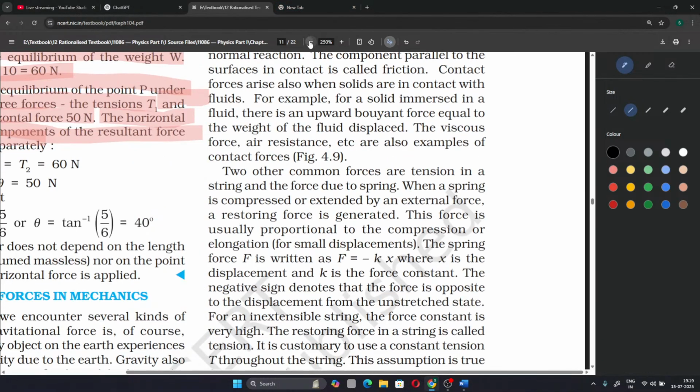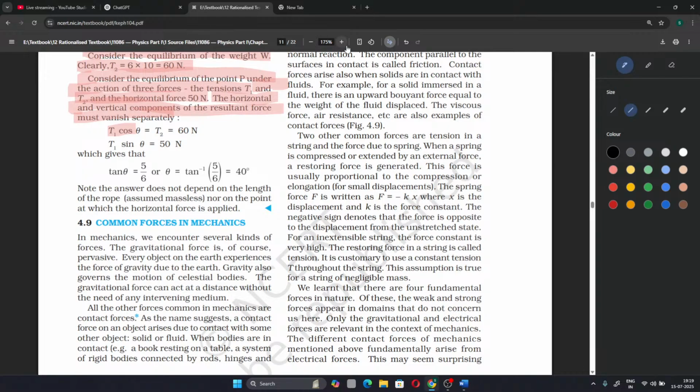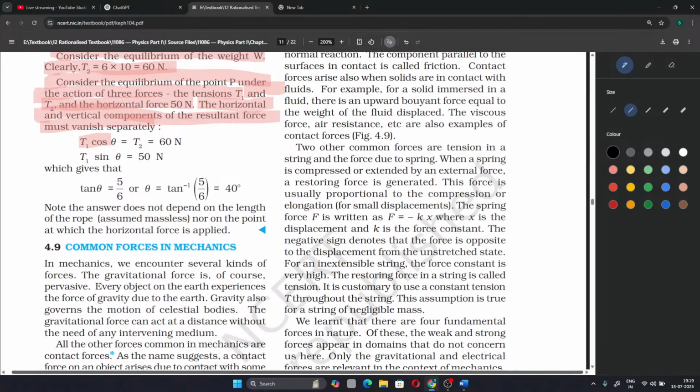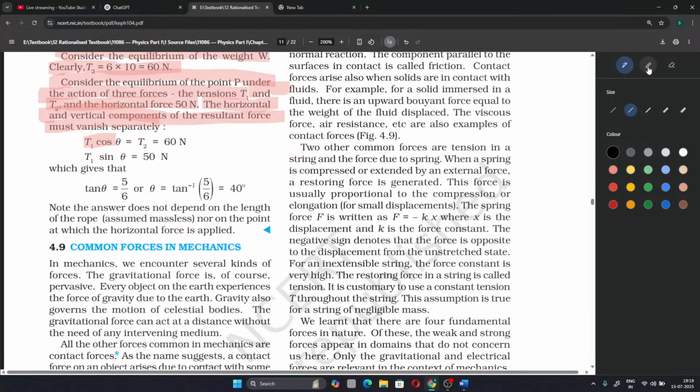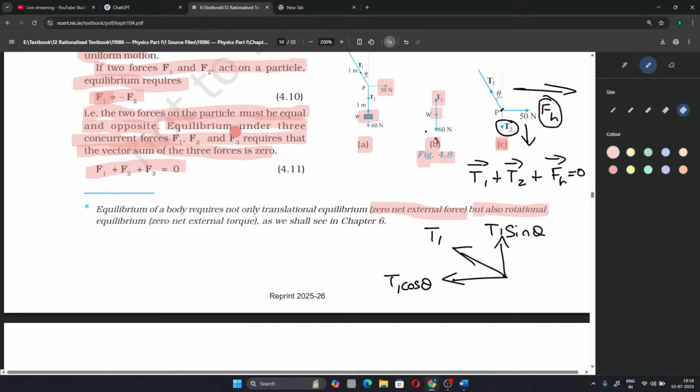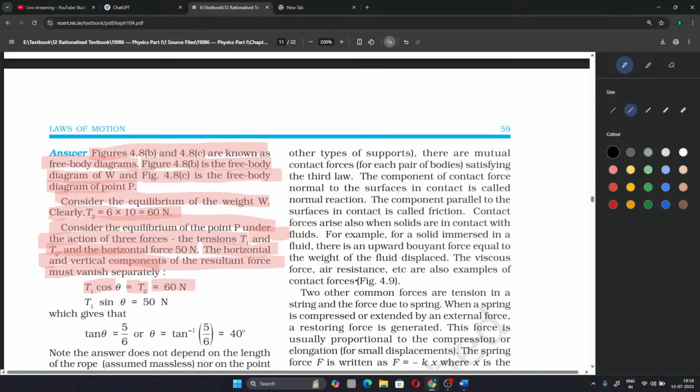Now let's see how they solved it here. 200% zoom seems to be better here. Okay, T1 cos theta equals T2, which is 60 Newton. When we resolve it like this, obviously the only force acting upward, which is supporting the T2, is basically T1 cos theta.